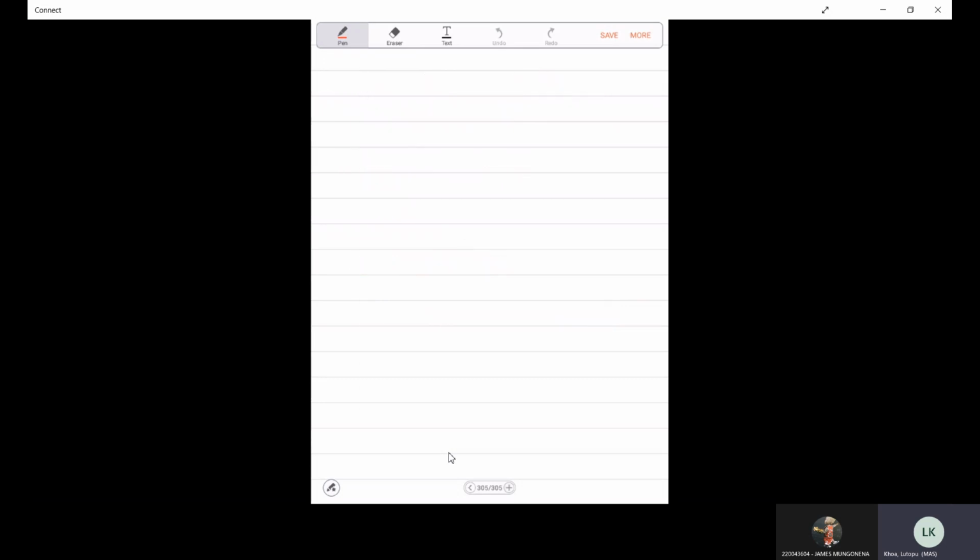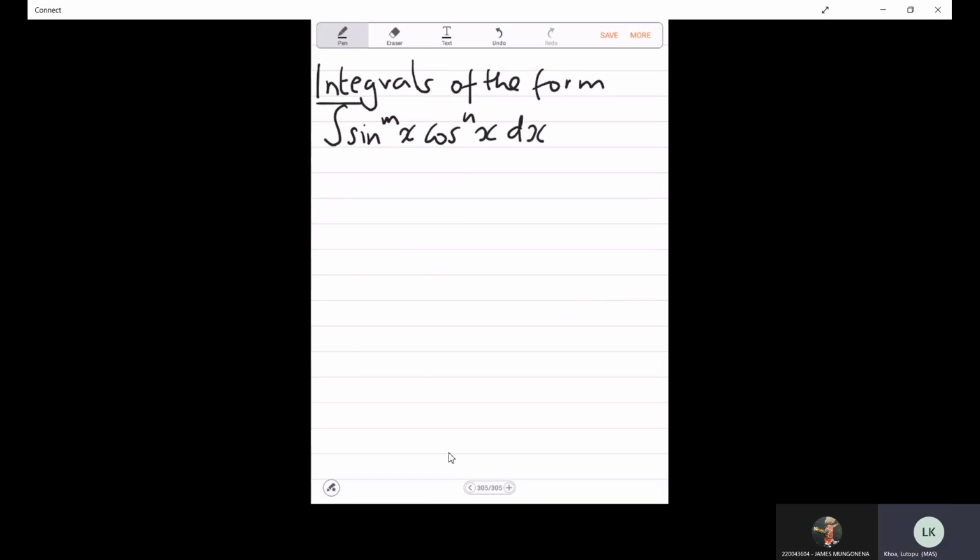So we look at integrals of the form sine mx cos nx dx.